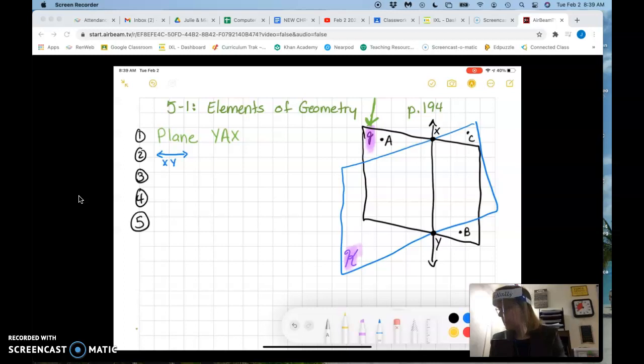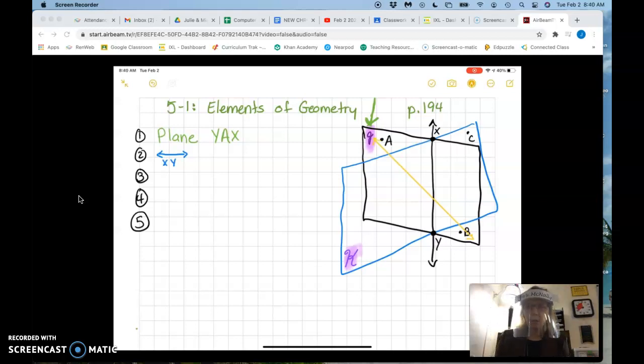No, if I'm just connecting A and B, 1. So if I connect A and B, pretend like that line goes through both those points, even though it doesn't. It's going to make 1 line.